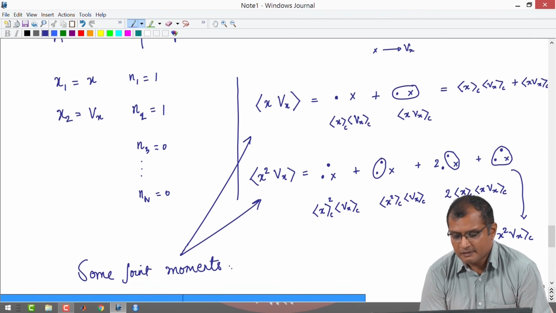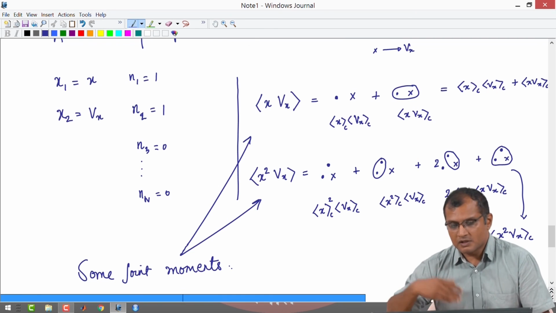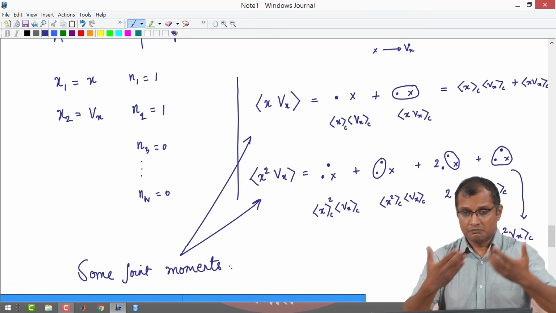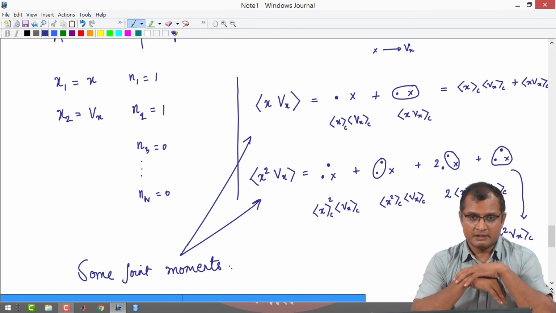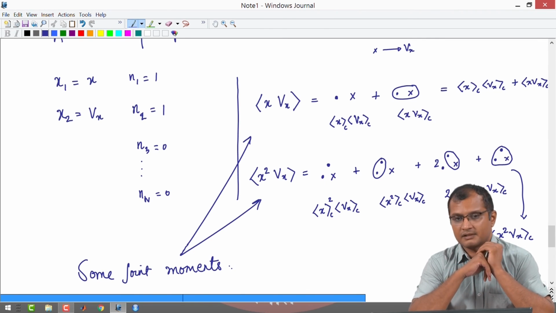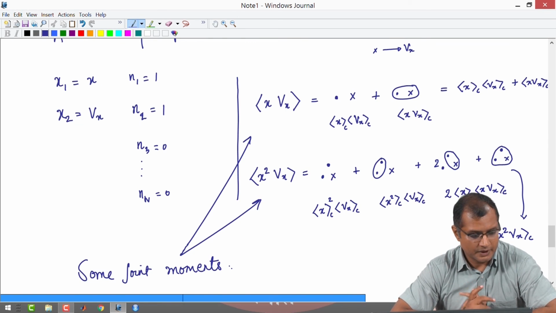If you leave a system isolated for a long time, the system will always proceed towards the direction of maximum entropy, and because the Maxwell-Boltzmann distribution is a distribution of maximum entropy, you always find equilibrium isolated systems under such a distribution. We will discuss this in the next class and do some nice problems on this. Okay. Thank you.